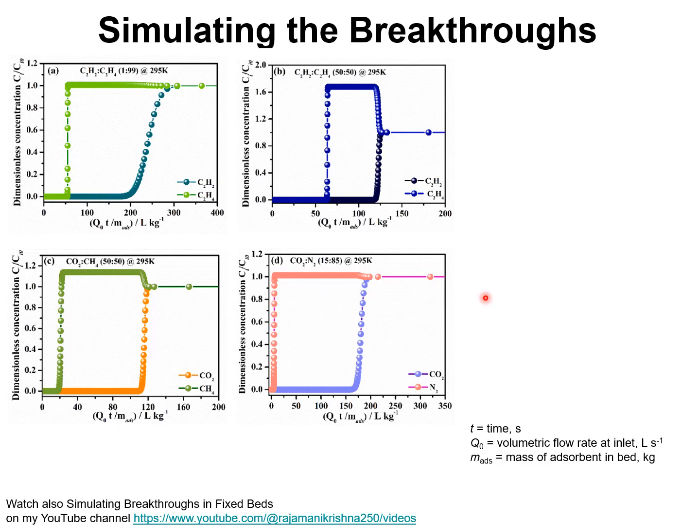The potential of Cu-Prussian Blue MOF for mixture separations is also demonstrated from breakthrough simulations for 1-99 C2H2, C2H4 mixtures here, and these breakthrough simulations show that it's possible to recover C2H4 containing less than 40 ppm C2H2 in order to provide feedstocks for the ethylene polymerization reactor.